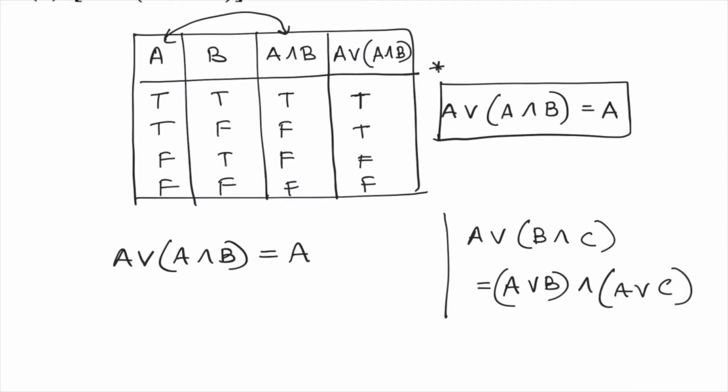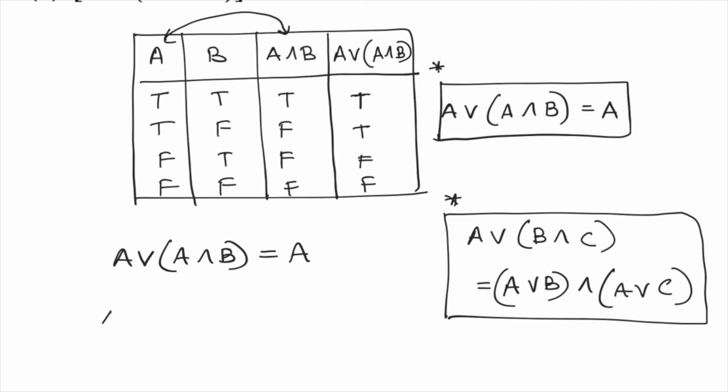Basically, this means that OR is distributive over AND. So let's apply that here. We have (A or A) and (A or B).